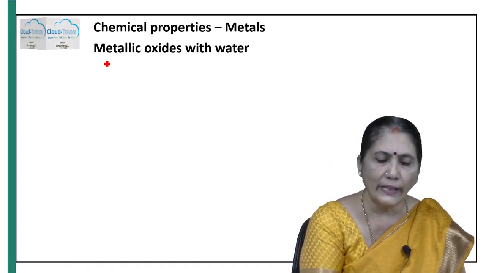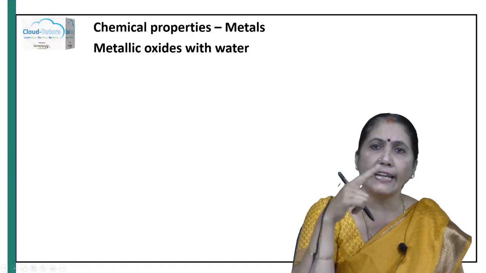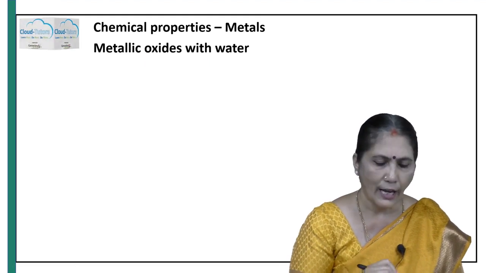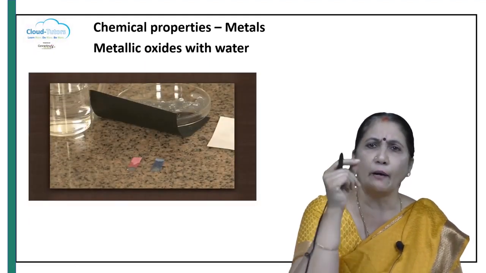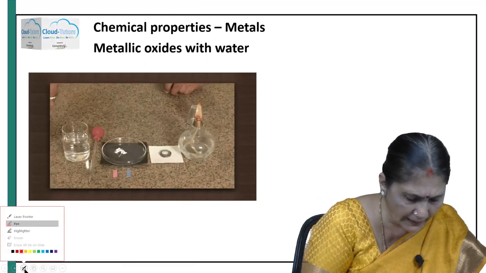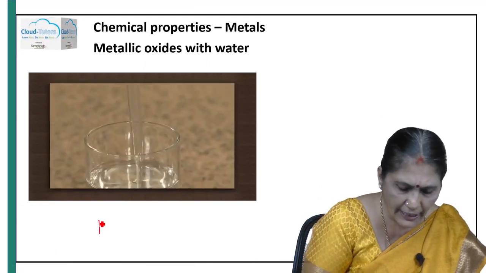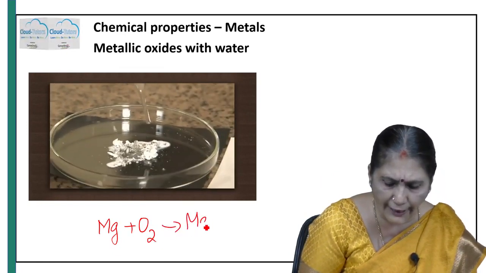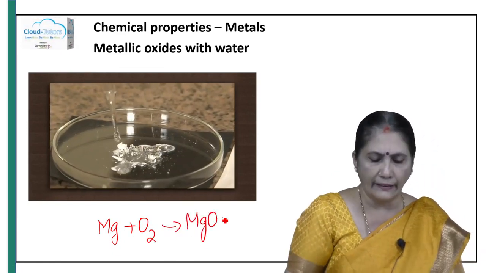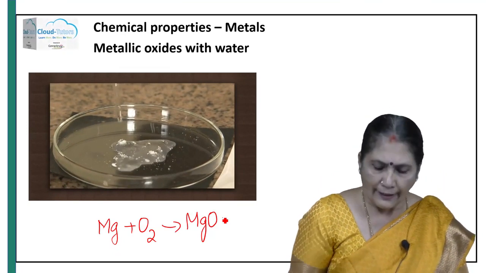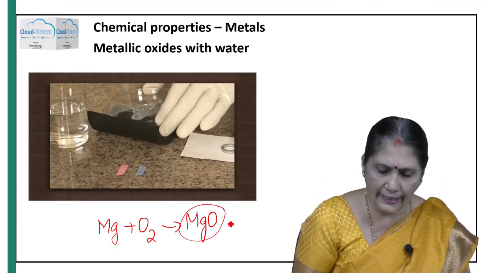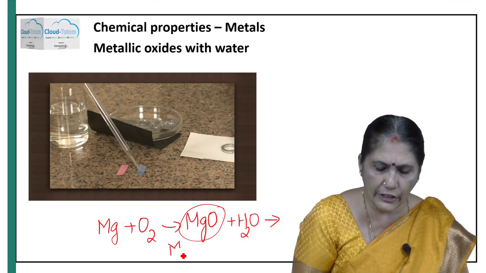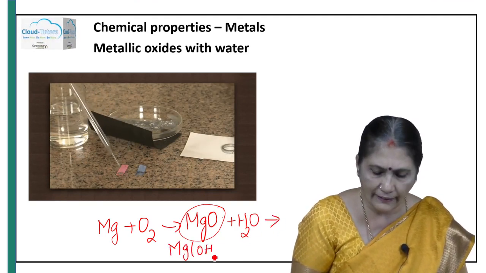But now let us see one of the metallic oxides which is made to react with water. Now let us take a magnesium ribbon and burn it. When burned, it results in the formation of white powder of magnesium oxide. And if this magnesium oxide is added to some amount of water, it gets converted into magnesium hydroxide.